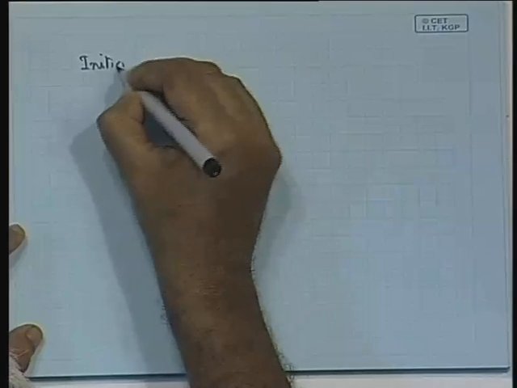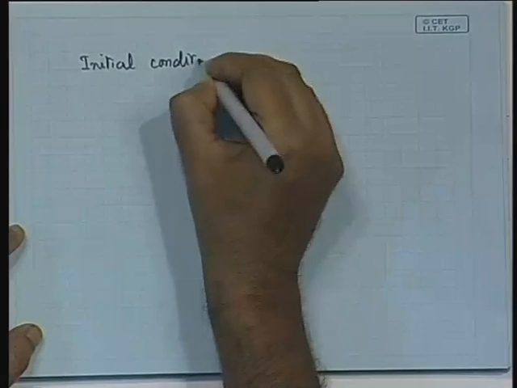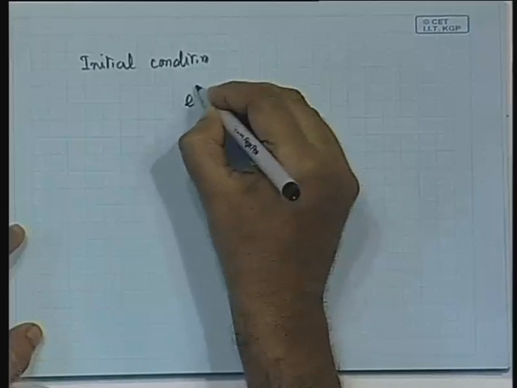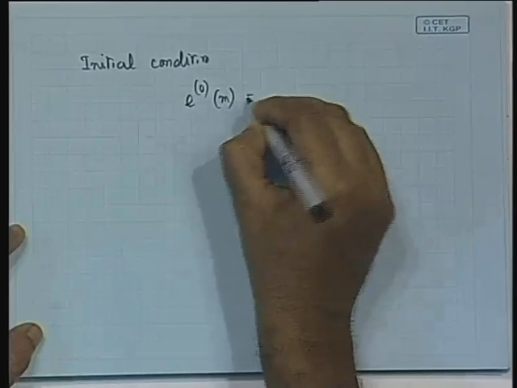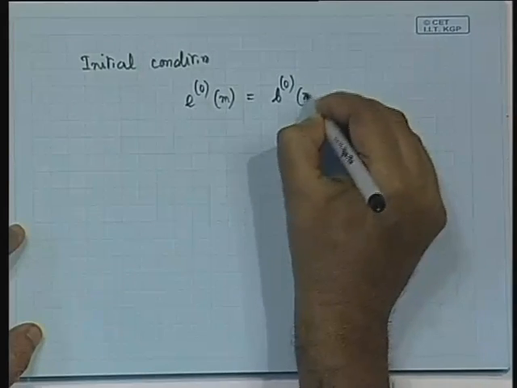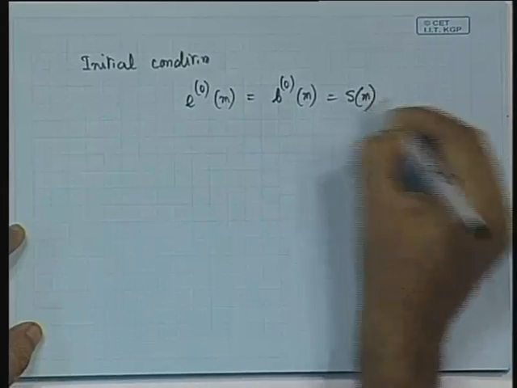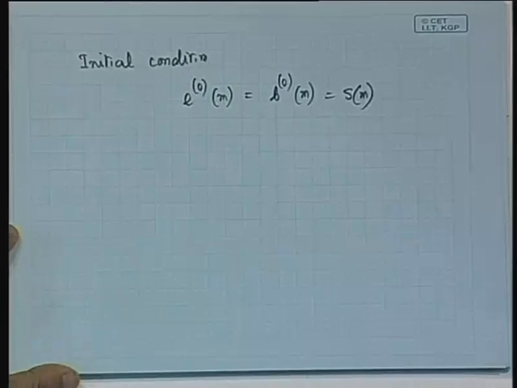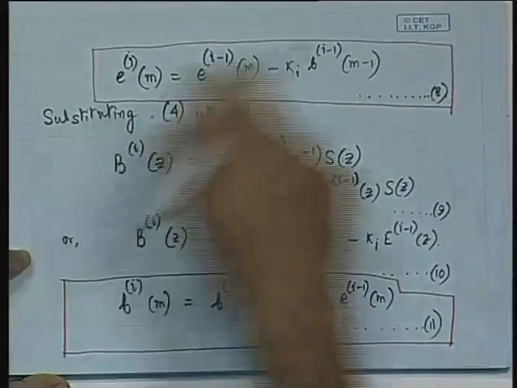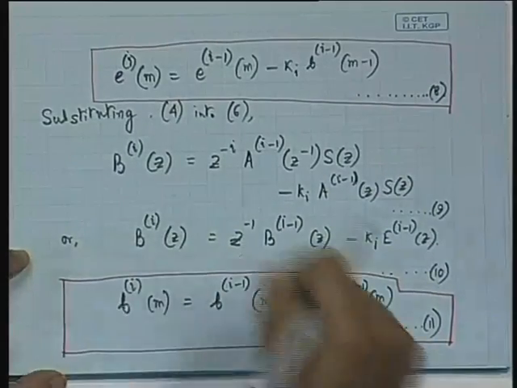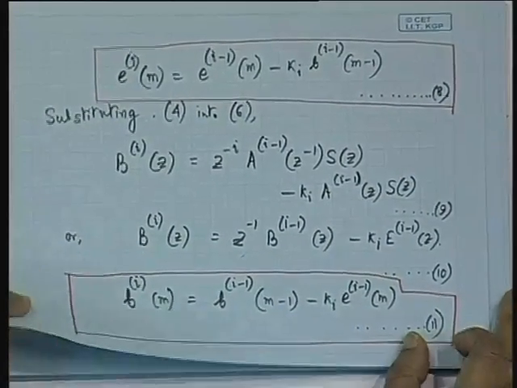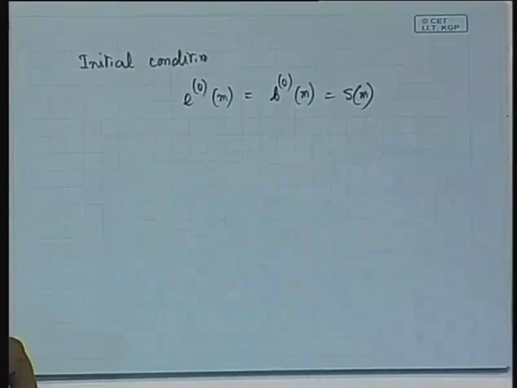So, in the filter realization, given the initial condition for the zeroth order prediction that E0 of m is equal to B0 of m is equal to S of m, we can depict these two equations, that is what we have marked with the red, this 8 and 11, together in a flow graph like this.